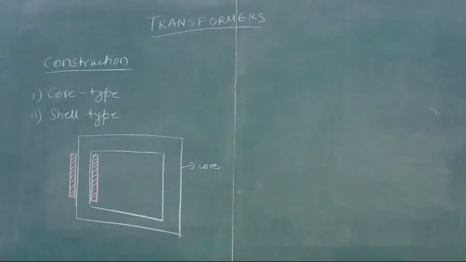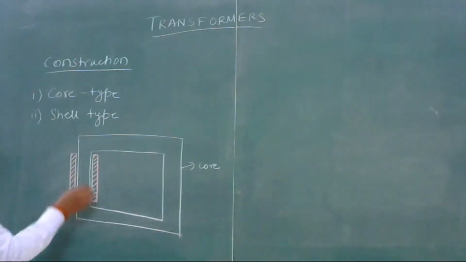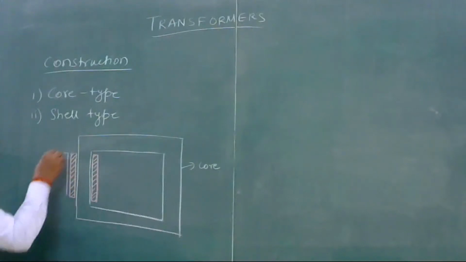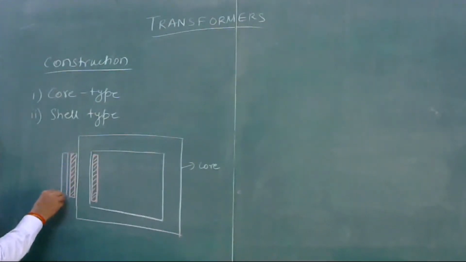So these are windings. So this is LV winding and above that we wound HV winding.